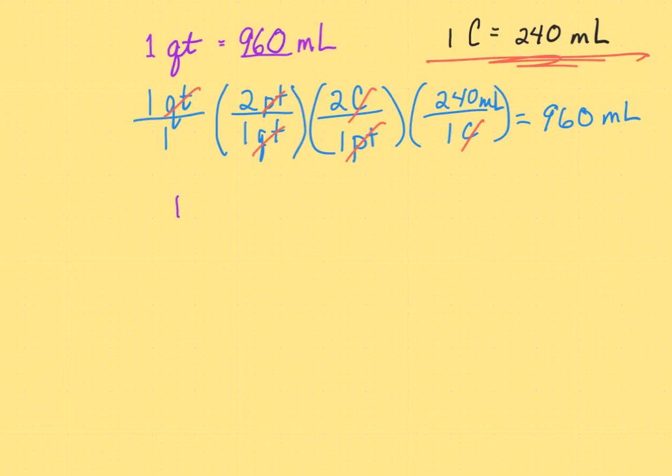But on your chart, you have instead that 1 quart equals 1,000 milliliters. Or do you? Actually, it says 1 quart is approximately 1,000 milliliters. And if you round up, you get 1,000 milliliters. And when I wrote this, 1 cup equals 240 milliliters, remember, it's an approximation. So that means there's a little bit of error in there.